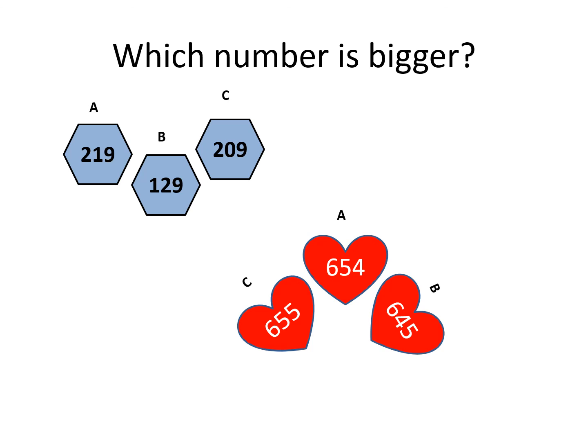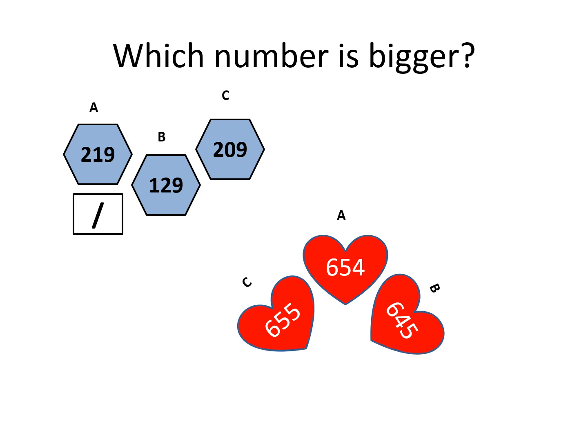C, 209. You can use your book to give 3 columns to arrange the numbers. Find the biggest one first. Already? So the answer is A, because 219 is the biggest one.